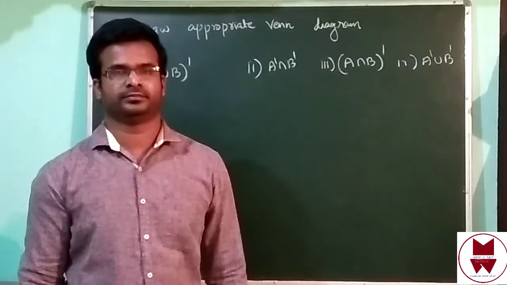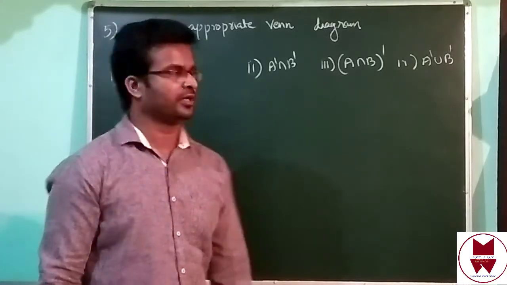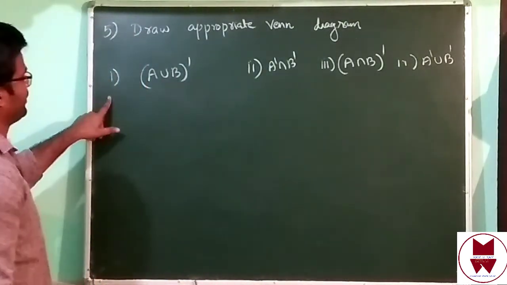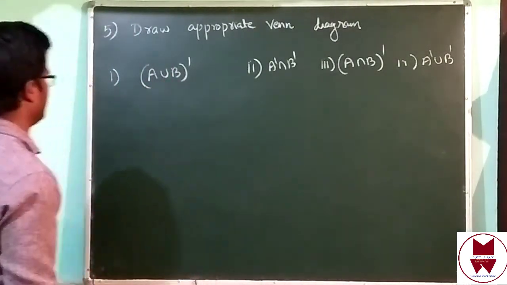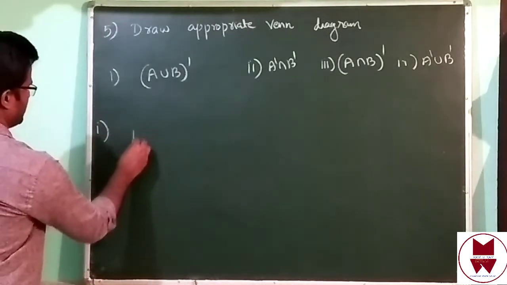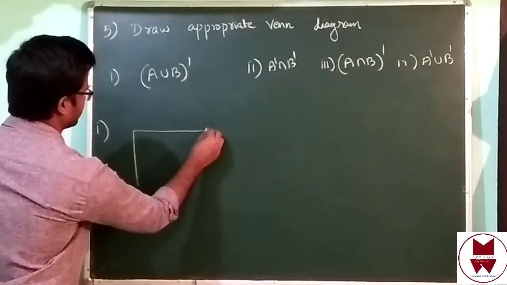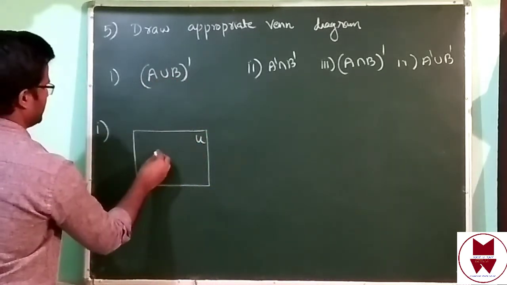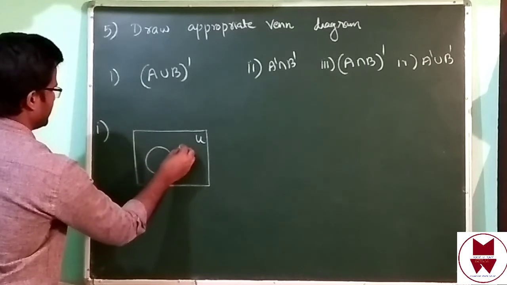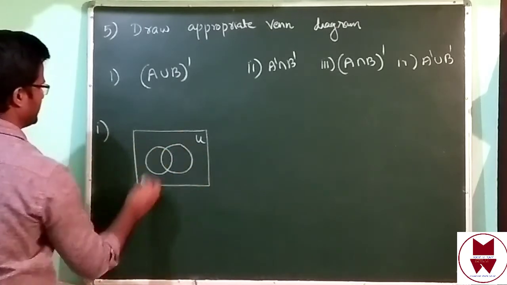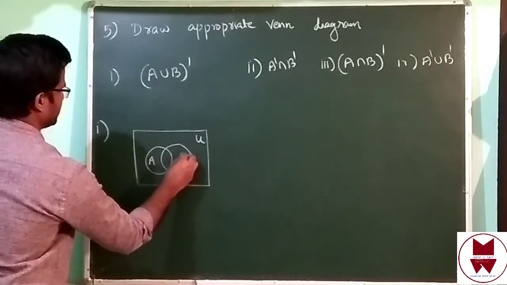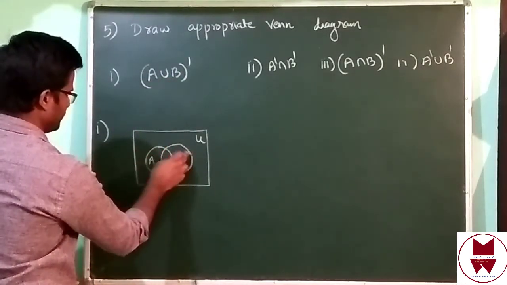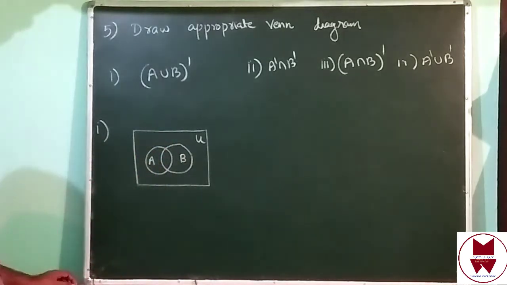They are similar questions only. Now we can see question number 5. Draw the appropriate Venn diagram. Roman number 1: (A union B) complement. First draw one universal set. Then inside the universal set, draw two sets A and B. A union B means these two, A and B, all together.